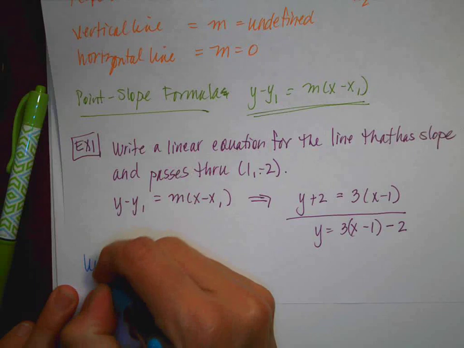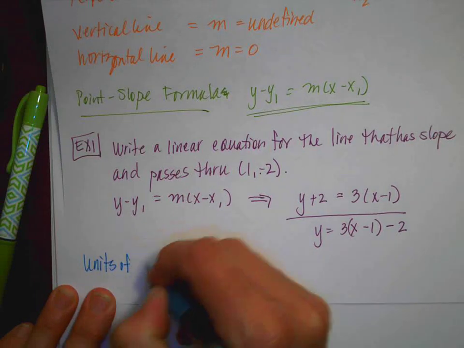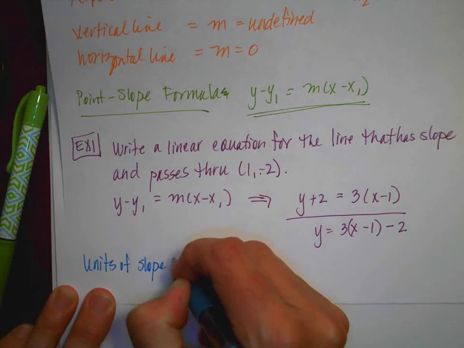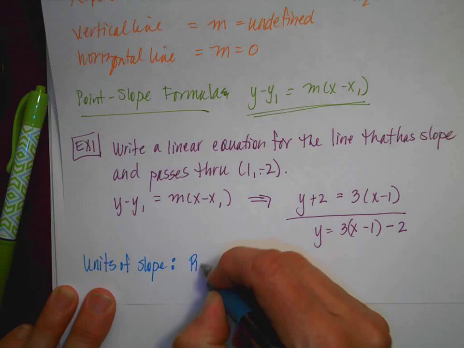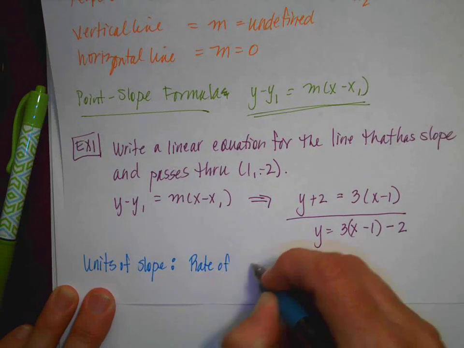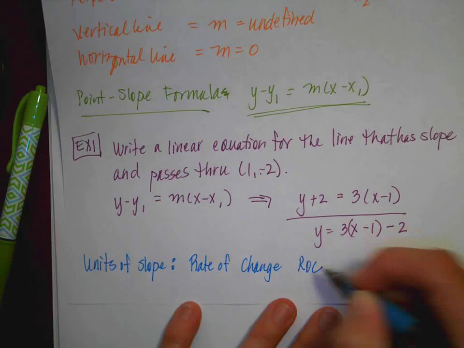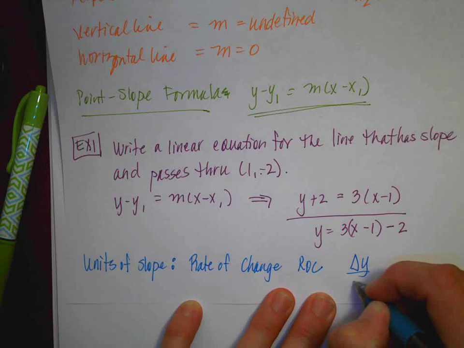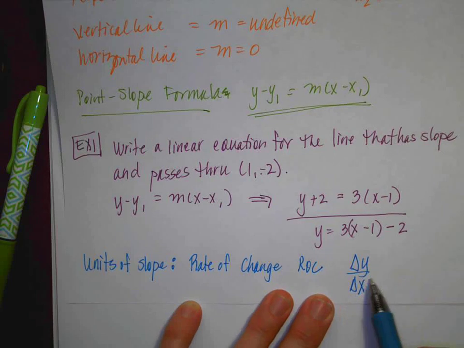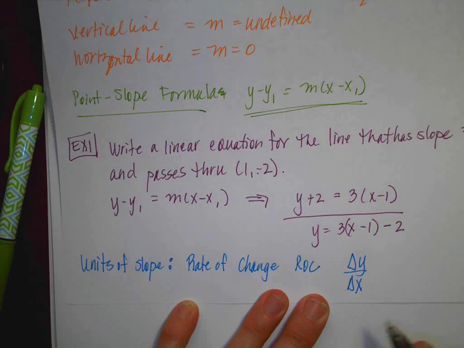All right, so the thing that we want to talk about with slope now is about the units. So I'm going to write that we're going to talk about the units of slope. So slope is often considered a rate of change, and you'll see ROC. And so if I think about delta y over delta x, the equation tells you what the units should be.